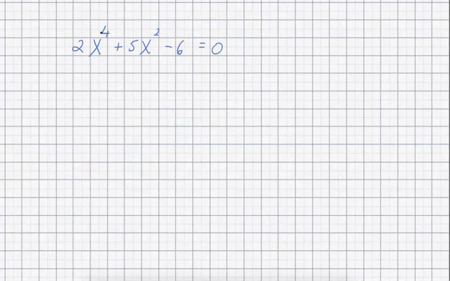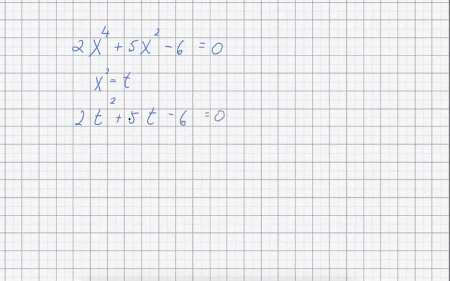Whenever you have 4 and 2, do you know what to do here? So you switch the 2x to the fourth power by a t? You switch the x squared to the t. Not the 4. No, because then you will have 2t to the power of 2 plus 5t minus 6.